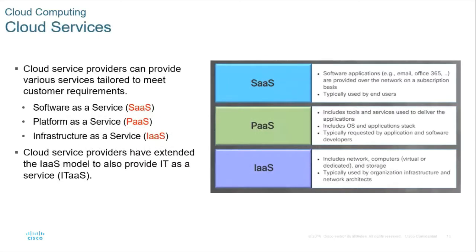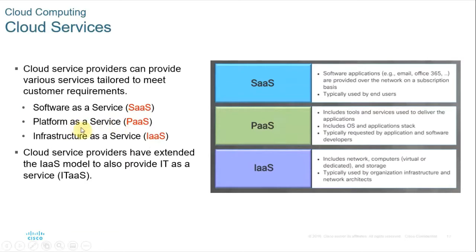What are the different types of cloud services? The cloud service providers can provide various services tailored to meet the customer requirements. These are the different types of services. First, software as a service. There are some cases where you need software, and you can borrow it. Once you finish using it, you can return it, or you pay only for what you are using.